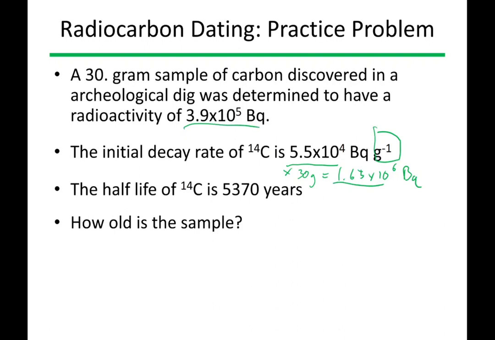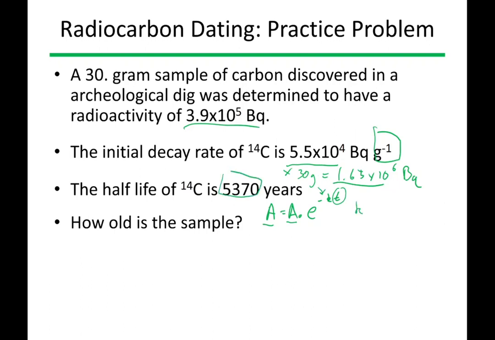We can now look at the equation that we'd use for first order kinetics to compare these. So we have A is equal to A naught times e to the negative kt. We have our initial amount and our final amount. We want to find the time, and to get k, we're going to have to use this half-life.